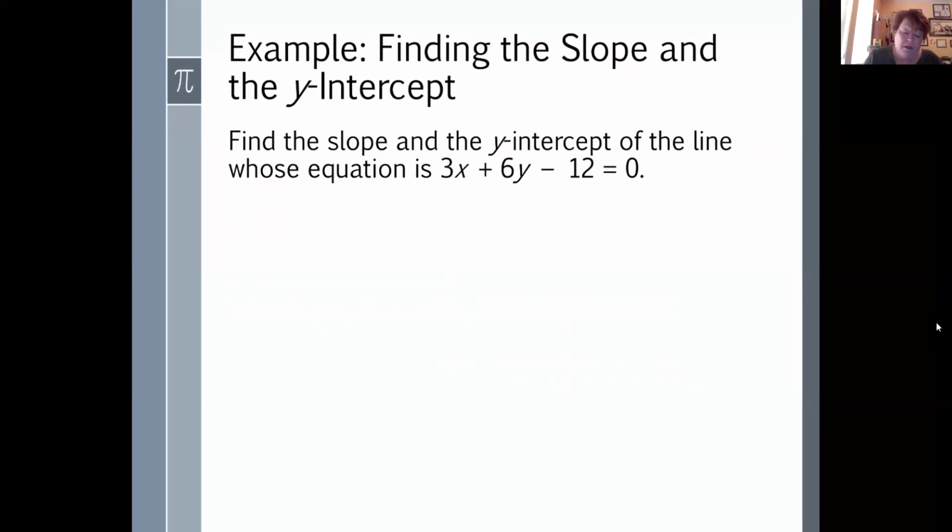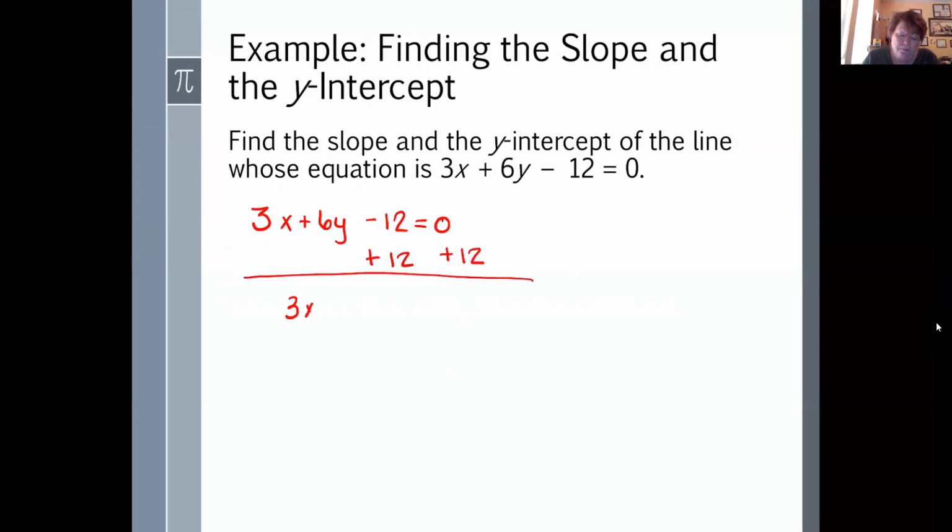So how do we solve this for y? The first thing I'm going to do is get the negative 12 to the right-hand side, so I'm going to add 12 to both sides. The next thing I'm going to do is get the positive 3x to the right-hand side by subtracting it from both sides.